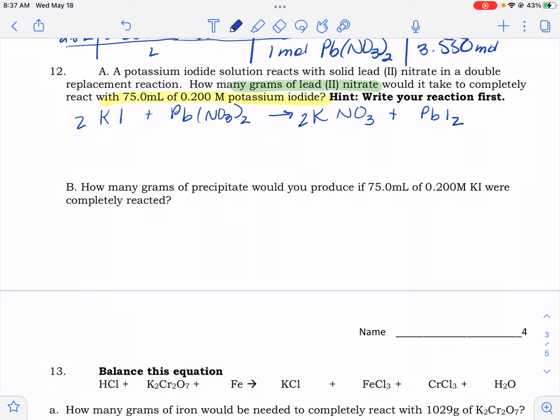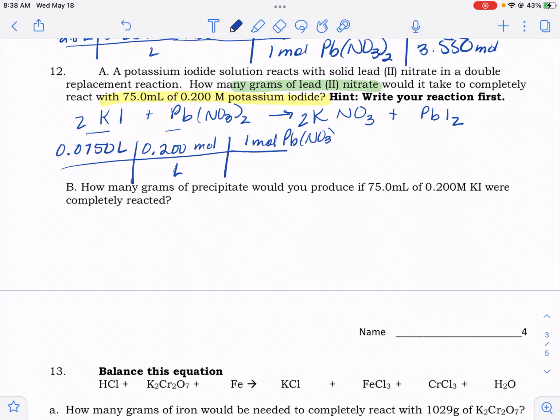So starting with what we know, 0.0750 liters times 0.200 moles in 1 liter. Our ratio of potassium iodide to lead nitrate is 1 mole of lead nitrate to 2 moles of potassium iodide.